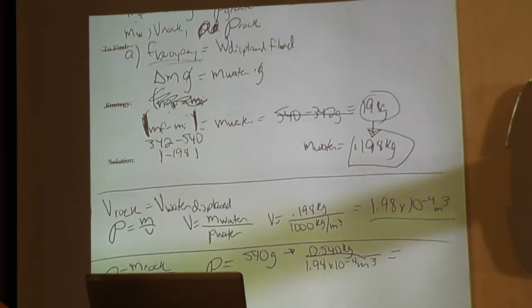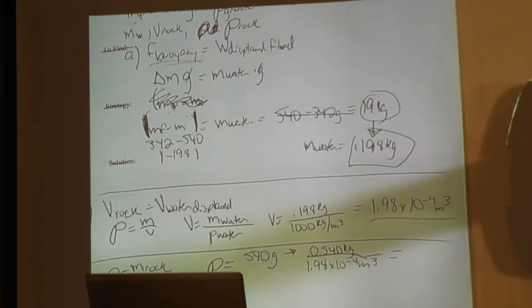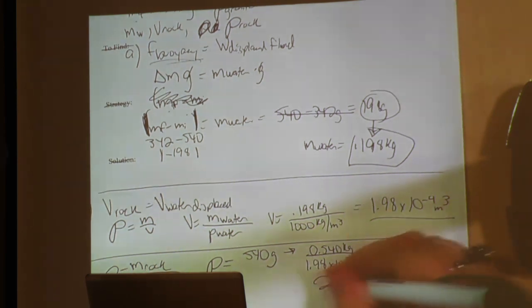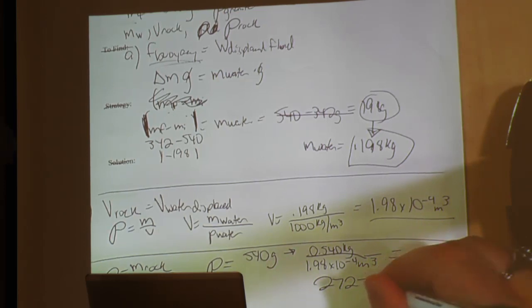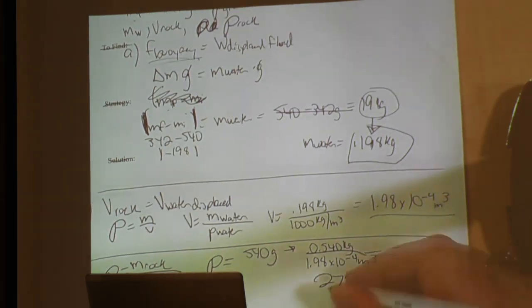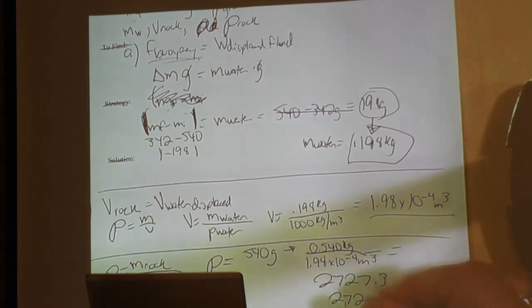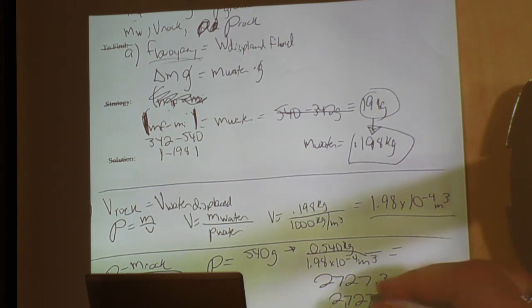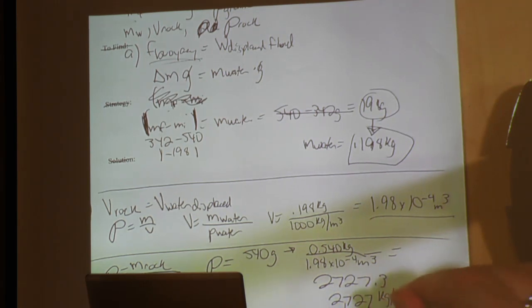That's going to be equal to, I have to double check. Cool. That should be equal to 27.3-ish, give or take. She generally does 4 sig figs, so we'll just leave it at 2,727 kilograms per meters cubed.